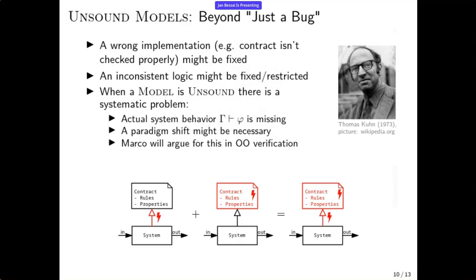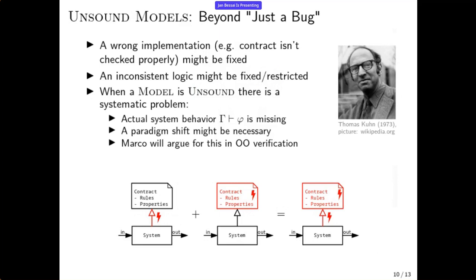You might also have an inconsistent logic. As I've explained on the last slide, there might be a bug somewhere in Coq that, for example, allows you to prove false, and that might also just be a bug and be fixed. However, when you have actual model unsoundness, so when you're actually using a model to describe your system, and the model just isn't strong enough to predict all of the behavior of the system and to describe all of its properties, and the model just forgets about things.